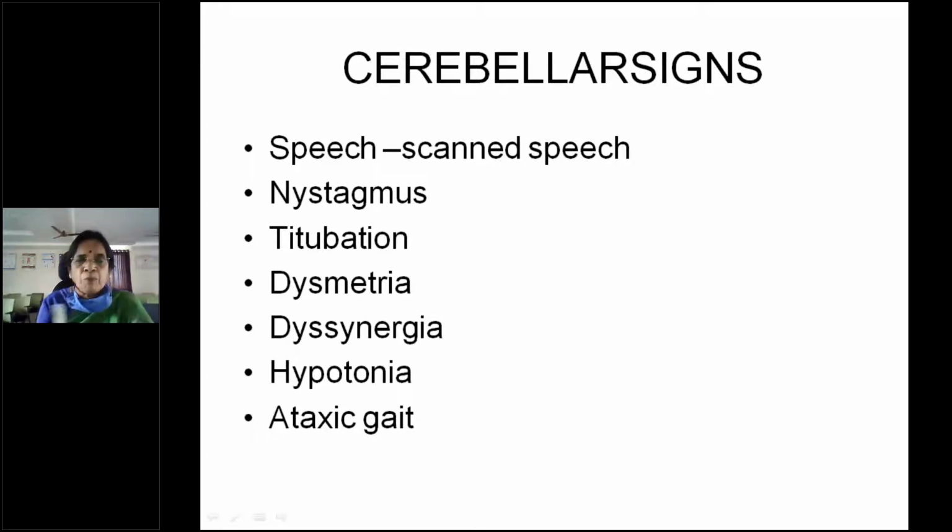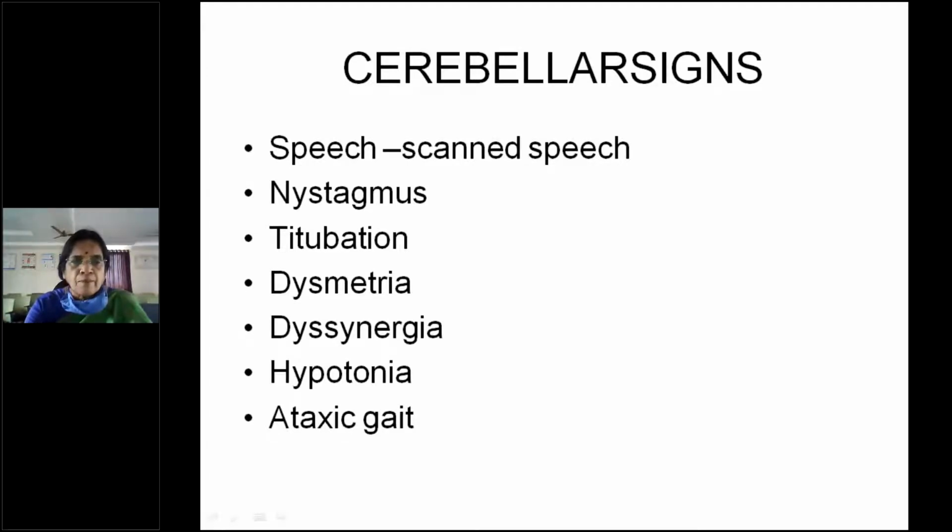There may be some oscillatory movements, and they have some difficulty in touching the object. That is what is called dysmetria. Dyssynergia means there is incoordination. And then hypotonia, which is one of the features of a cerebellar sign.